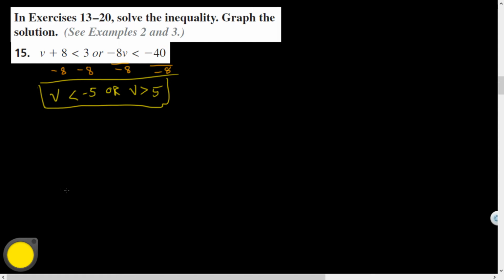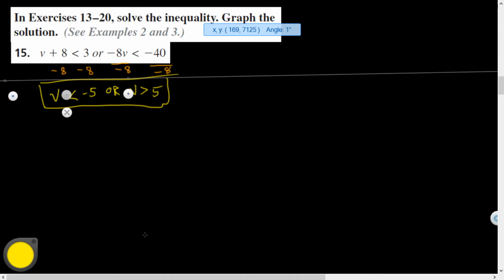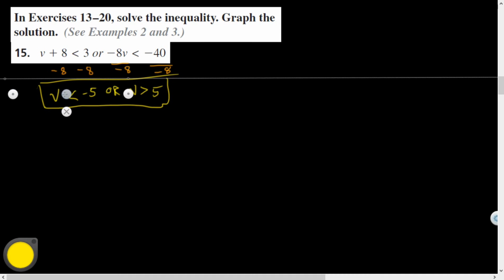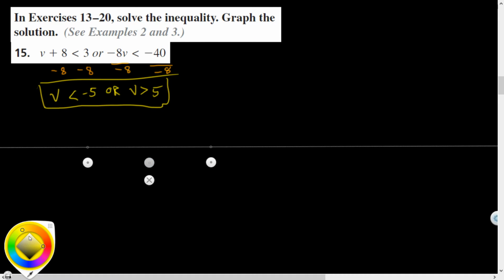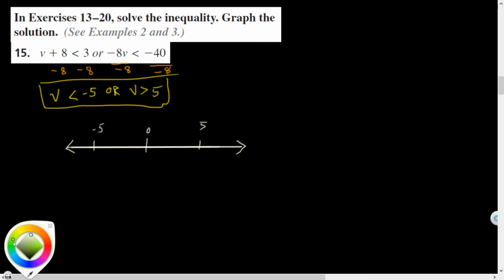Looks like I'm done. If I want to use my ruler tool, yes, here we go. Drawing a nice number line. Let's see, 0. Hey, 5 and negative 5 are equidistant from 0.